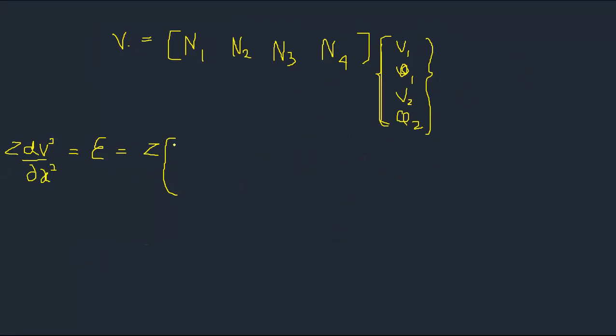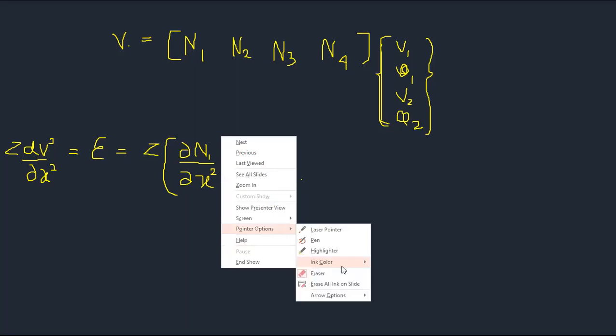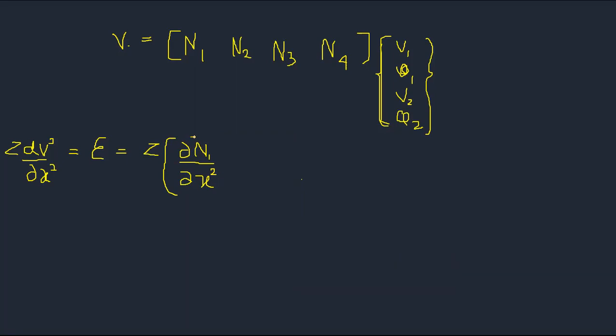So you can write this as d squared N over dx squared.